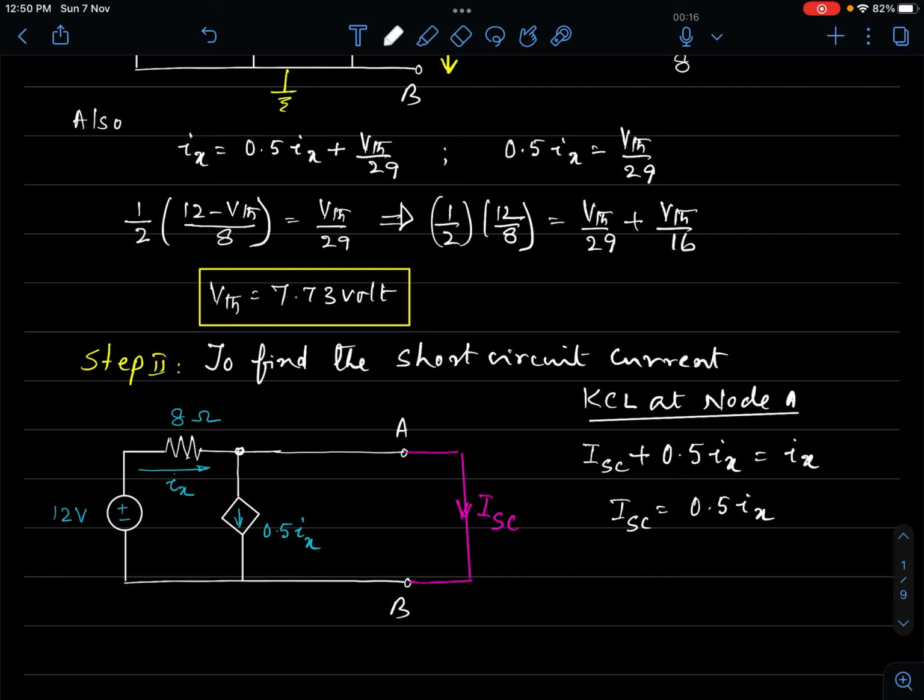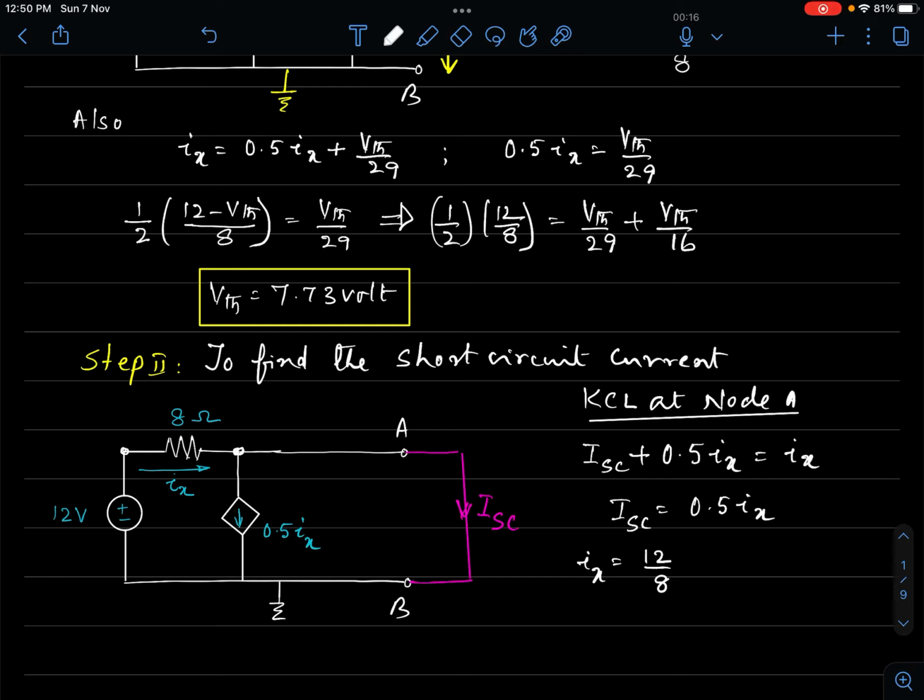Alright? 1 minus half is half Ix. Now what is this Ix equal to? It is the potential difference across this 8 ohm resistor divided by 8 ohms. If you imagine this end to be at ground potential, we can easily say that Ix equals 12 volts divided by 8 ohms.